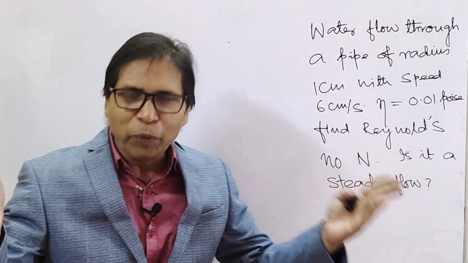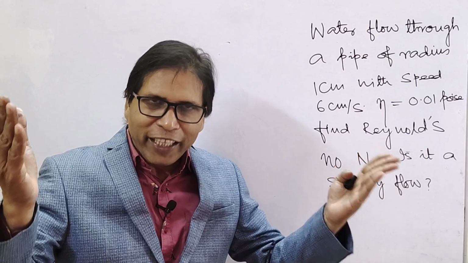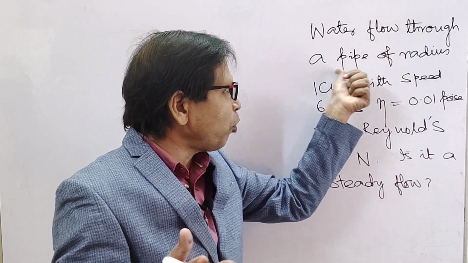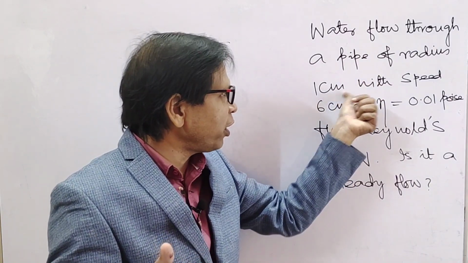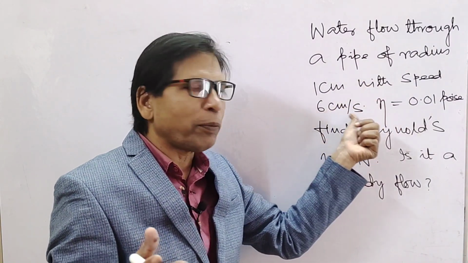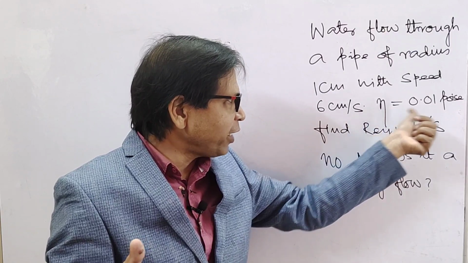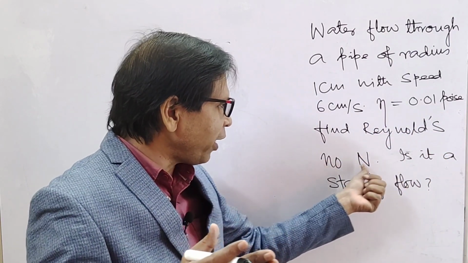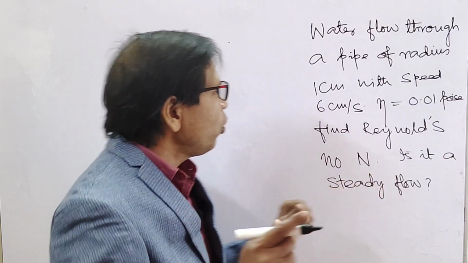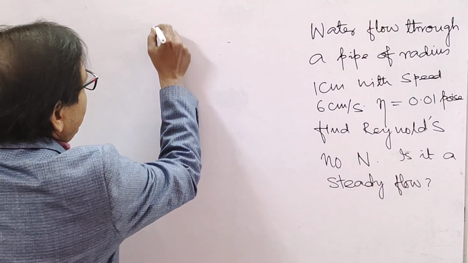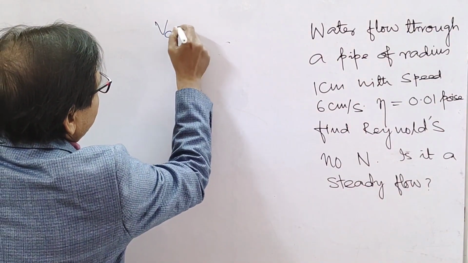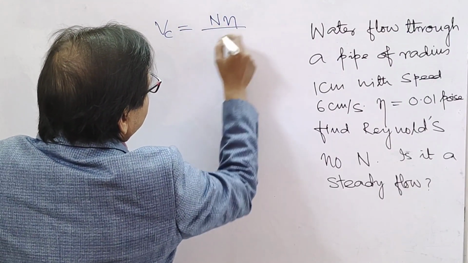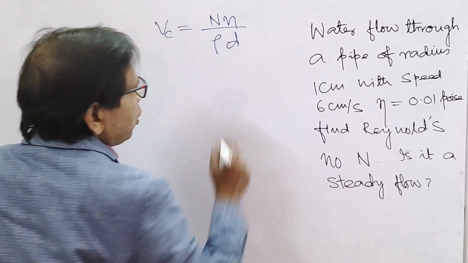Okay, now a numerical related to critical velocity. Water flows through a pipe of radius 1 cm with speed 6 cm per second. Eta is given. We have to calculate the Reynolds number n. Now, what is the critical velocity? The critical velocity Vc is equal to n eta divided by rho into d.